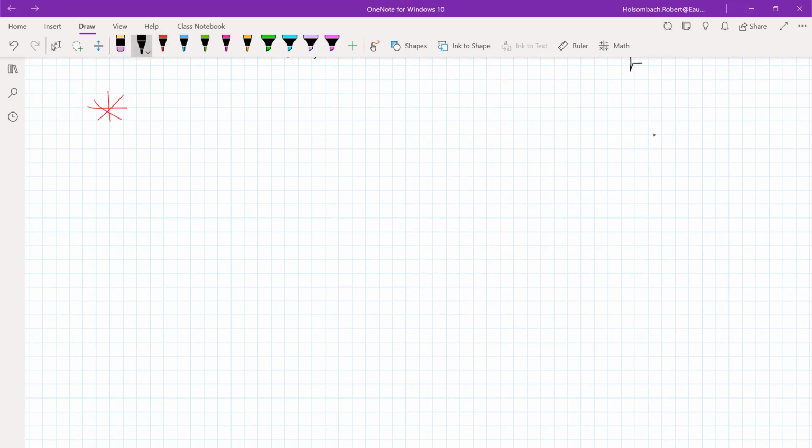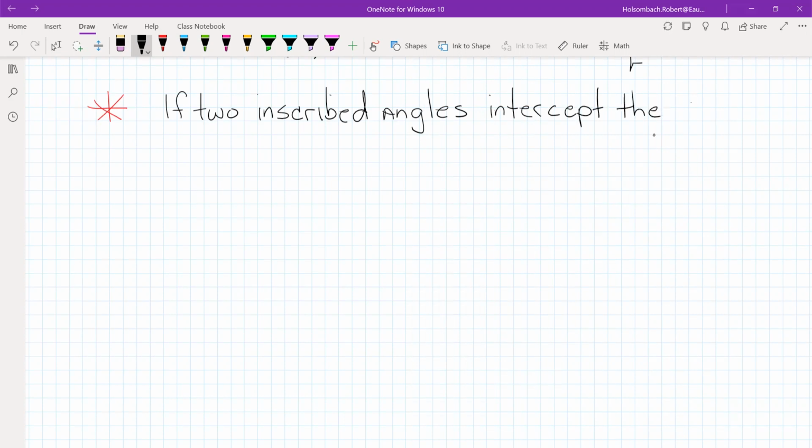If two inscribed angles intercept the same arc, we're going to say if two inscribed angles intercept the same or congruent arcs, then the angles are congruent.